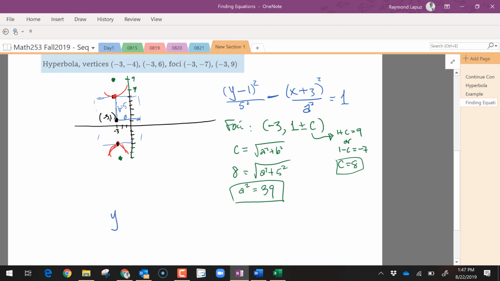So we have y minus 1 squared over 5 squared, or maybe we could put 25 here, minus x plus 3 squared over 39 is equal to 1.